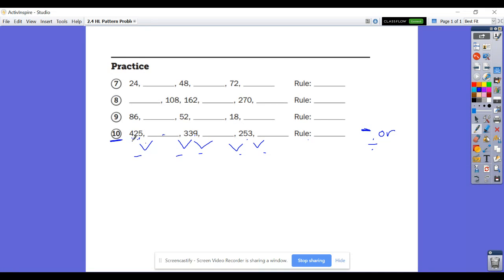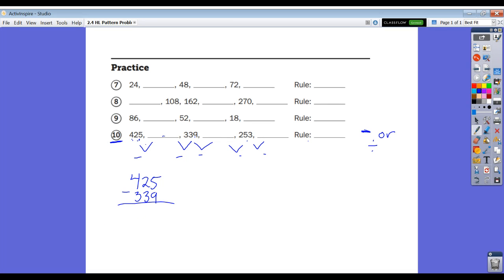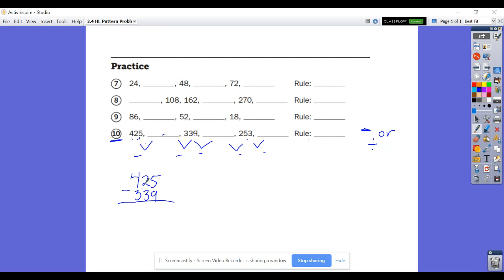So I'm going to start by looking at the difference between the first number on my list, 425, and the second one they give me, 339. Let's find the difference between those first. I'm going to do some multi-digit subtraction, which I know you know how to do, so you should be doing this on your paper at home too to show all your work.